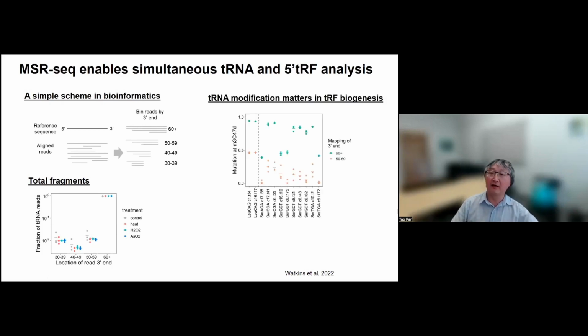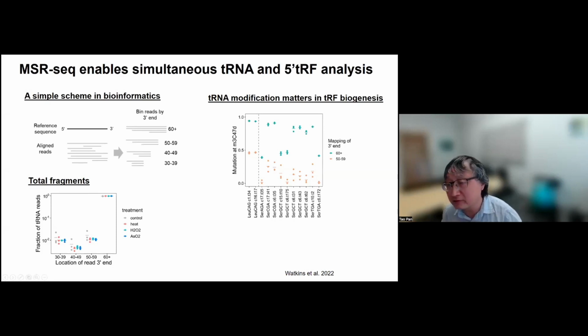Okay, so here's another of my favorites, back to the m3C modification. What we're looking at here is the m3C 47D modification in these two leucine isodecoders and all these serine isodecoders. Now we can look at the mutation rate of the full-length tRNA. Those are very high generally for the isodecoders.